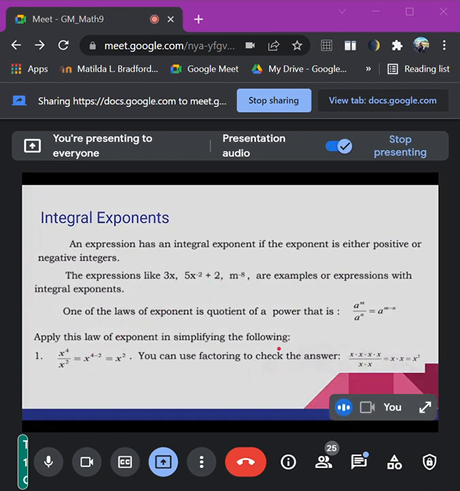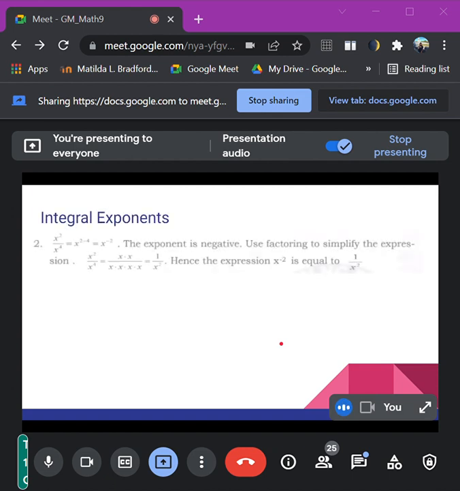Now, let's go to the next one. This is the same quotient of a power, but this time we reverse the example from earlier. Earlier we had x raised to 4 over x raised to 2. Now, x raised to 2 over x raised to 4.